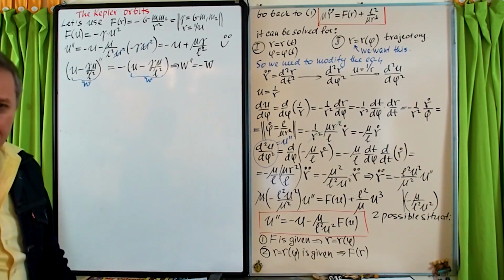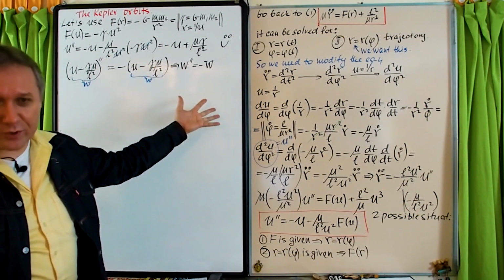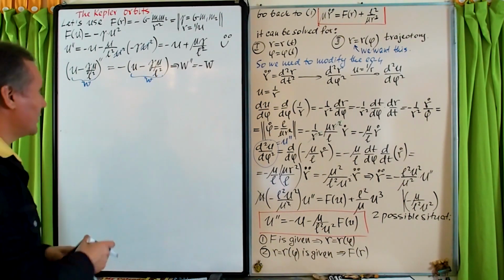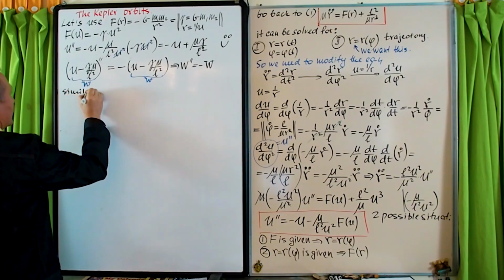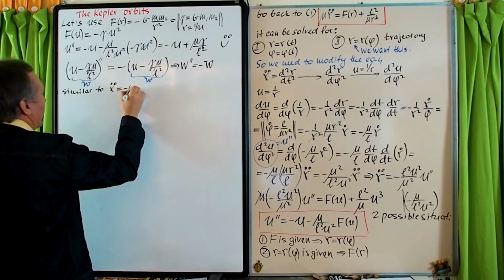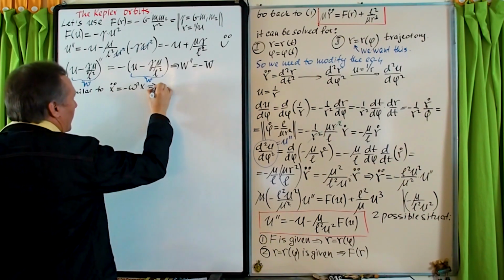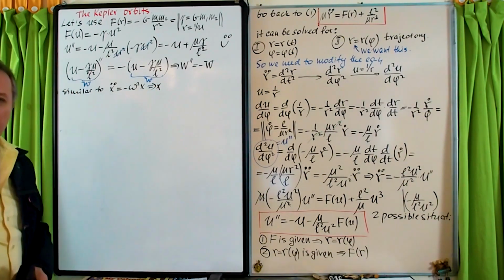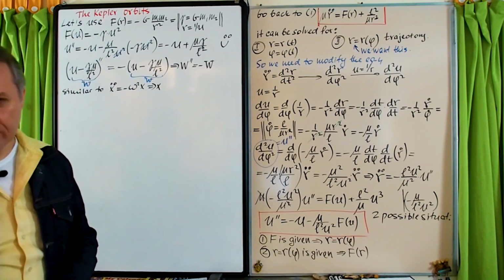Trivial differential equation. It's effectively a simple harmonic motion equation, right? Let me remind you. It's similar to x double dot equals minus omega squared x, and you remember the solution was, of course, the phase shifted cosine solution.